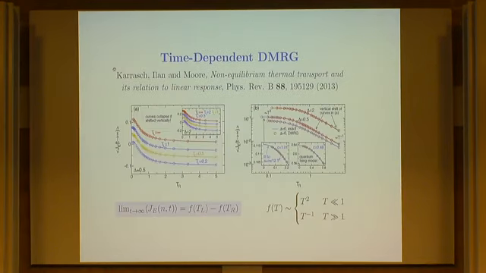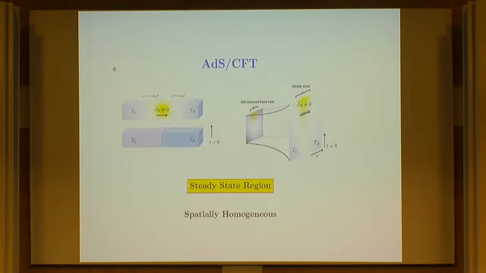So when we talk about full counting statistics, in the simplest case we're just talking about what happens across the interface. More generally, you can ask about what happens in the steady state region. But imagine, for example, you have a rarefaction wave that overlaps the origin. So at short timescales, you're not technically spatially homogeneous. But as you wait longer and longer, you will be, and then you discuss the full counting statistics in that region.